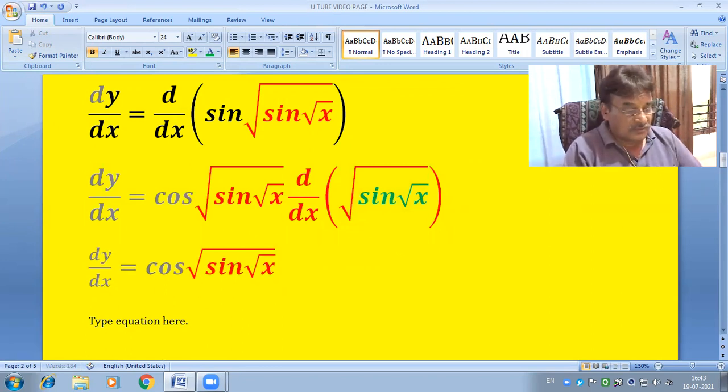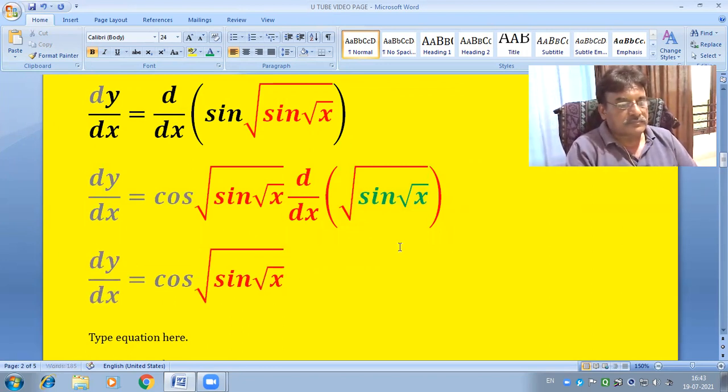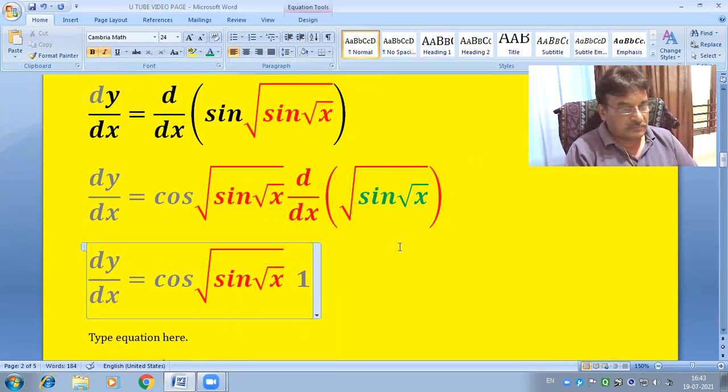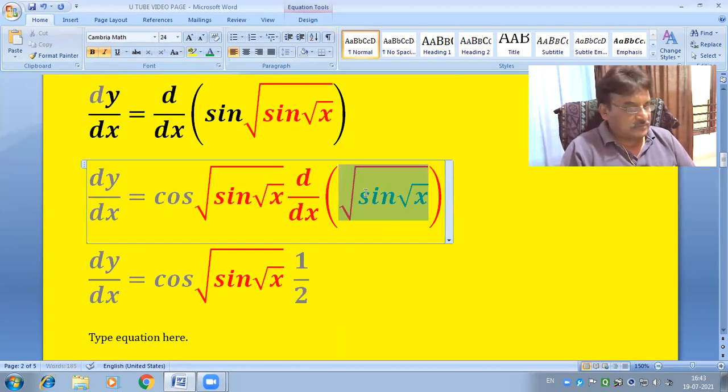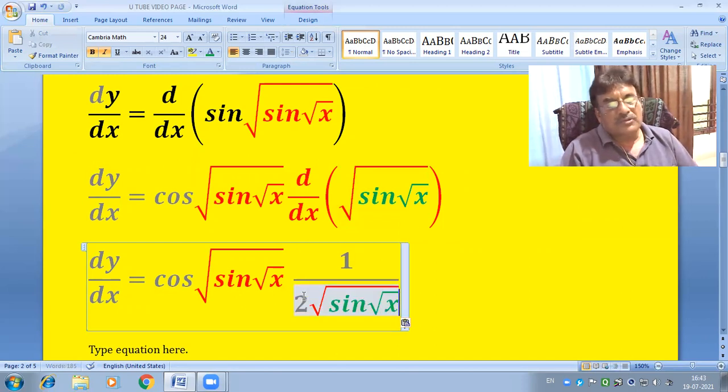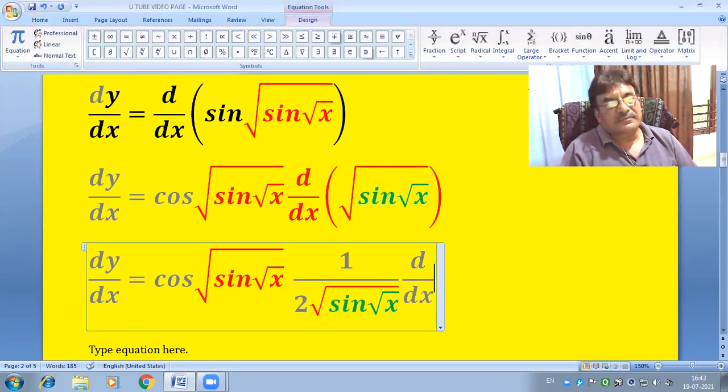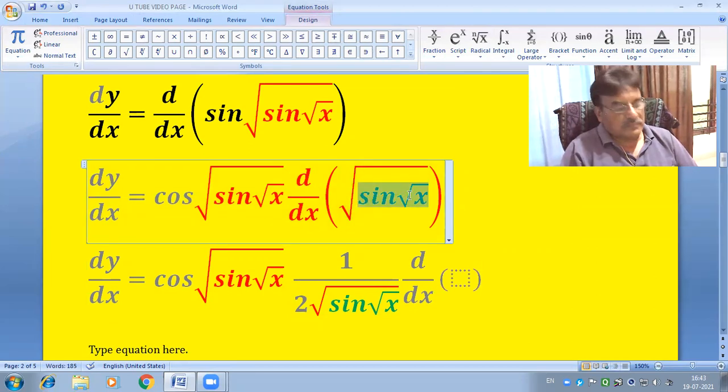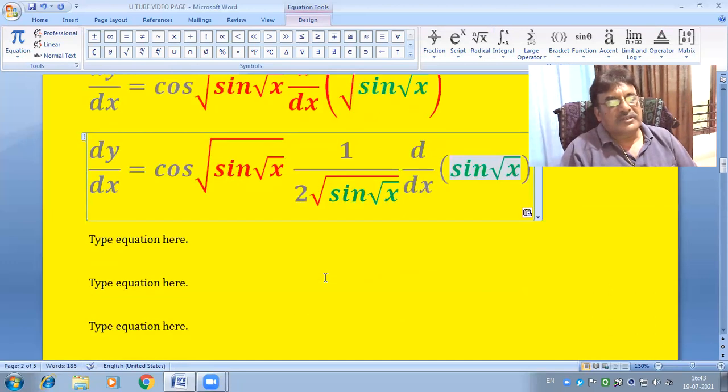So we write here 1 by 2√(sin √x) into d/dx of sin √x.